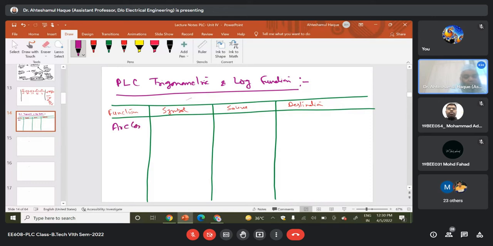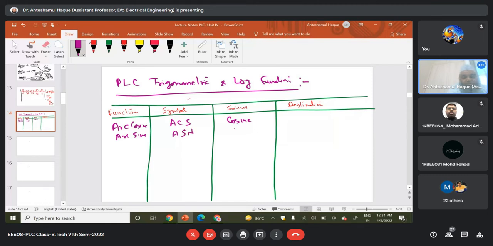So I have arc cosine. Arc cosine आप लोगों ने पढ़ा है क्यों भाई? The cosine inverse. Cosine inverse, yes, correct. Then I have arc sine. इसका symbol होगा ASN.